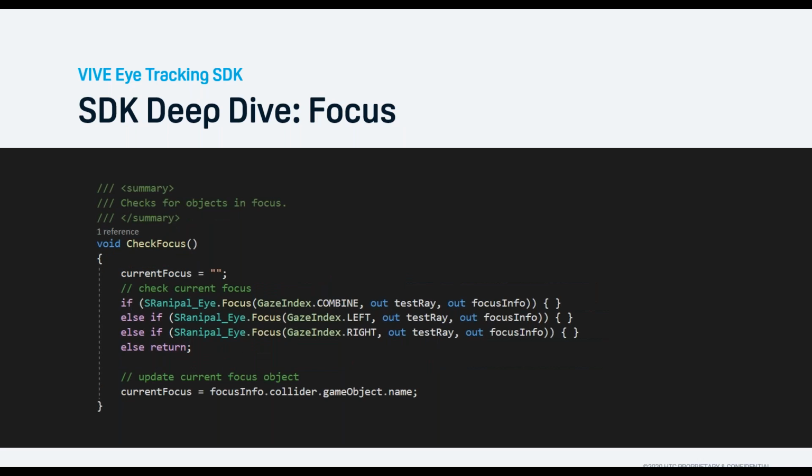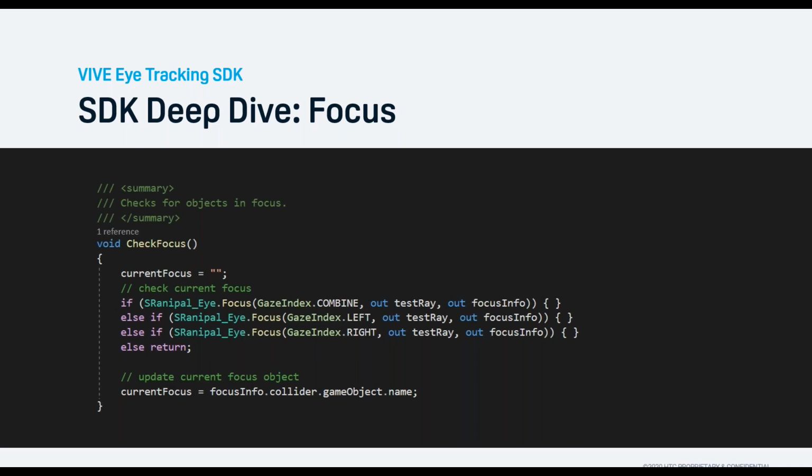Another useful API is check focus. We provide the focus API to let you know what object in the scene a user is looking at. This will work for any game object in the scene that has a collider on it. Obviously, using eye tracking and being able to tell what objects the user is looking at can be very helpful.